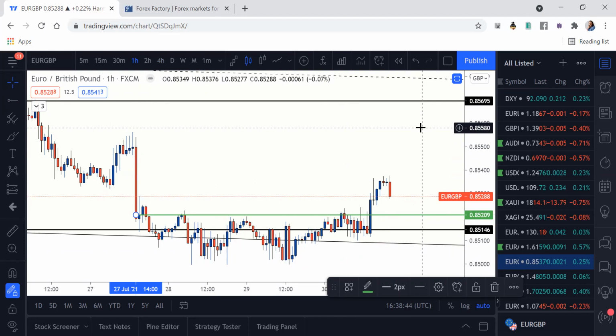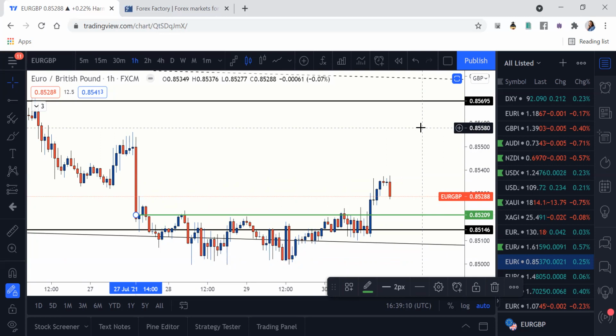You want to see a resistance or support, an inner resistance or support zone on your 1-hour time frame, that you would like to see price break out of. So you want to see the movement starting to happen. Because if we're looking for price to move to the upside, I want to see price giving me that shift.